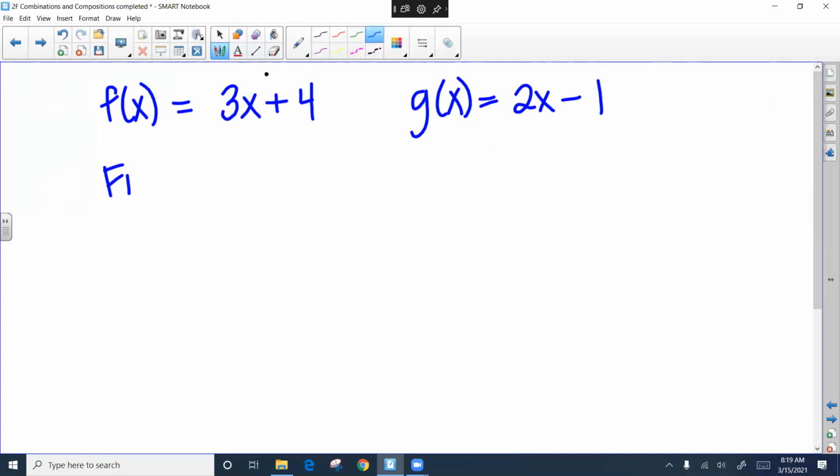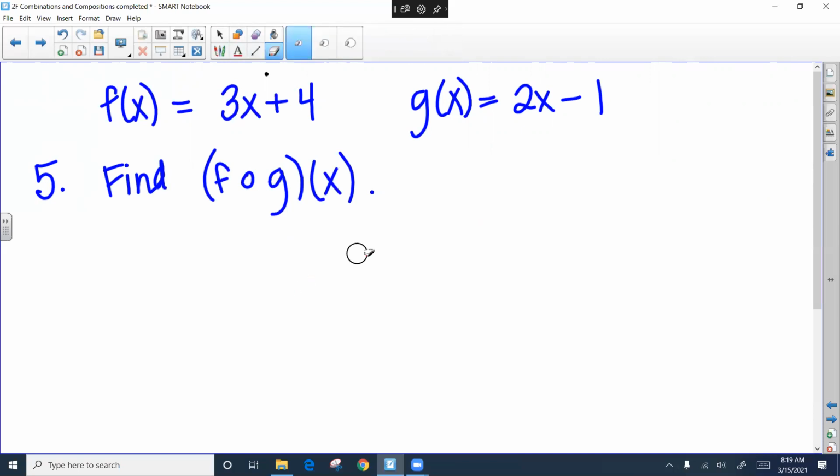You obviously don't need to number it, just for the people at home. So let's say this is number 5. I want you to find f of g of x. So go ahead and take a minute and try that on your desk. If you want me to help you set it up, let me know.